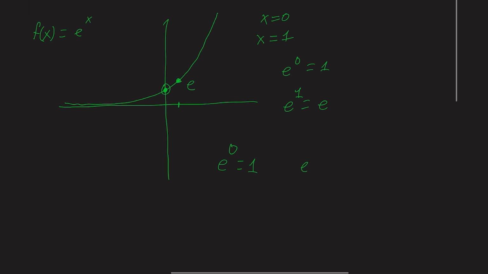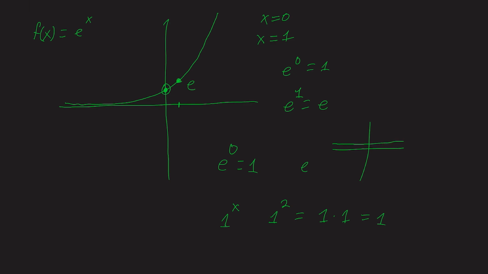The only number that this doesn't work with is 1 to the x, because 1 squared equals 1 times 1 equals 1. So if I were to graph 1 to the x, it would just be a horizontal line at y equals 1. Okay? But back to the general scenario we're going through here.